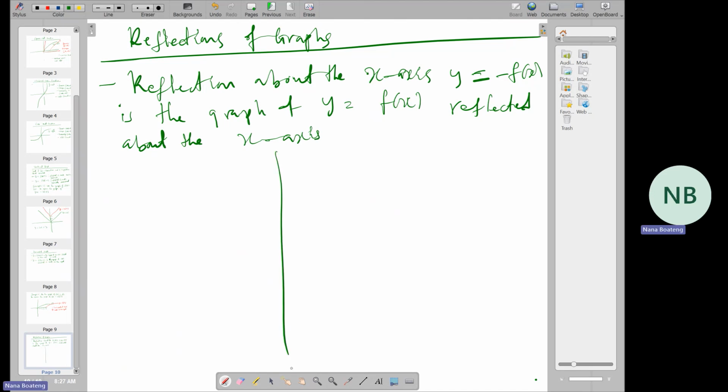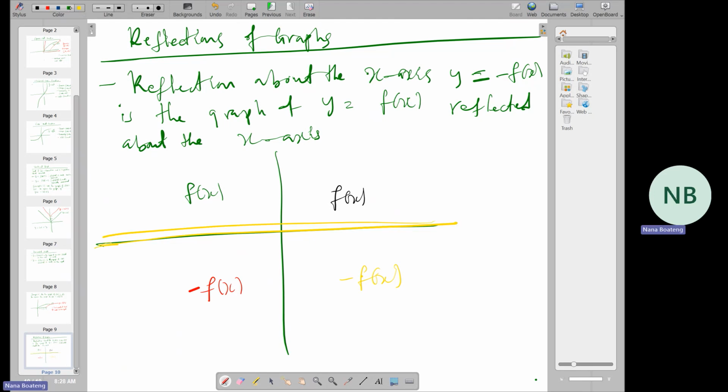So reflection about the x-axis means if a graph f of x is on this side, and it's reflected across the x-axis, it's going to be on this side now, minus f of x. If it's on this side and it's reflected across the x-axis, then it's going to be on this side. Okay, so that's a reflection across the x-axis.